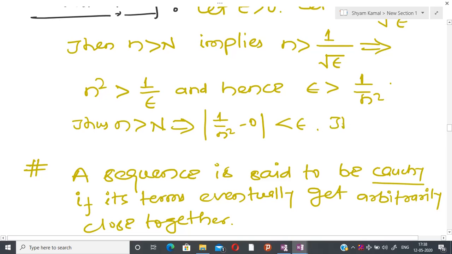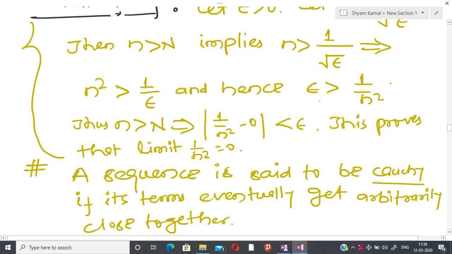And this completes the proof, because we understood that whenever we have this kind of thing, I can also write it in terms of the limit, that limit 1 by n square equals 0. In this way one can write the formal proof.